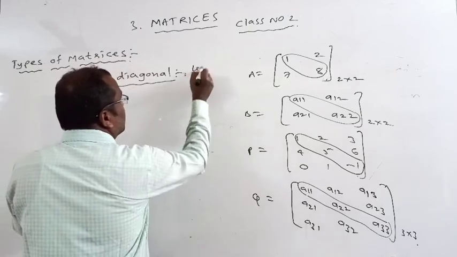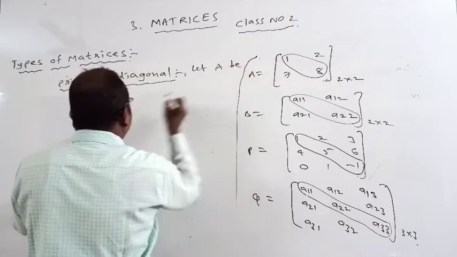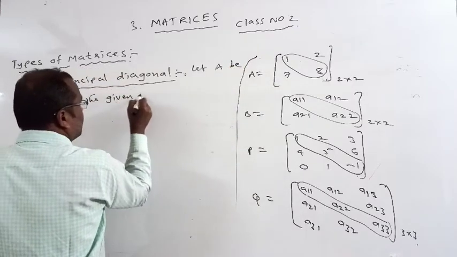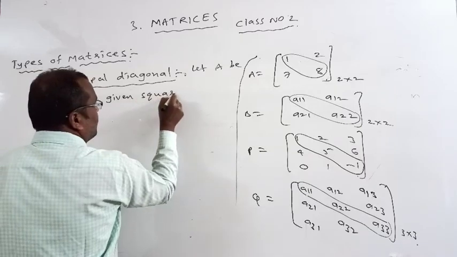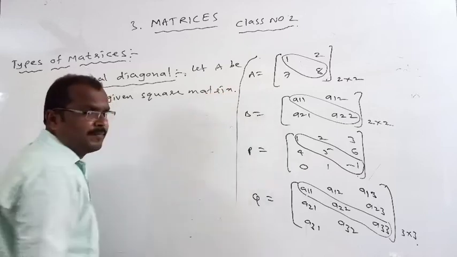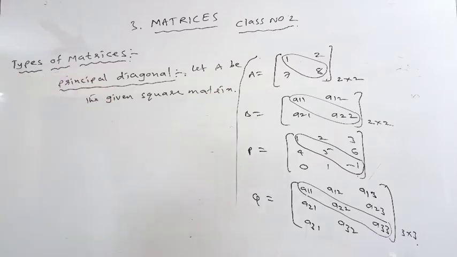So let capital A be the given square matrix. The condition is already given: the given matrix should be square. Underline the square matrix.